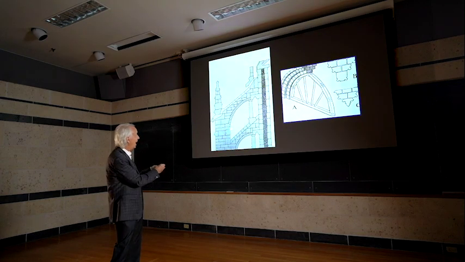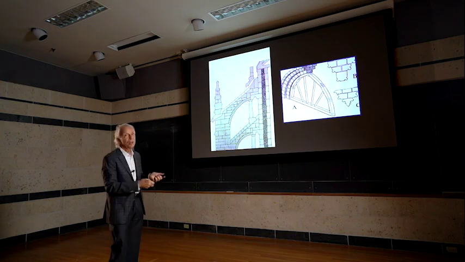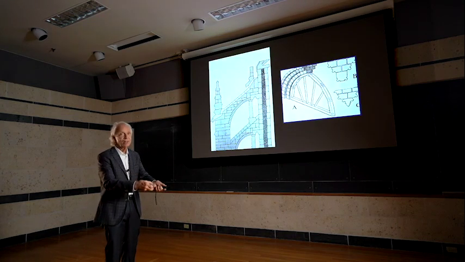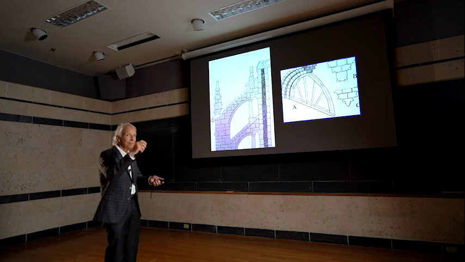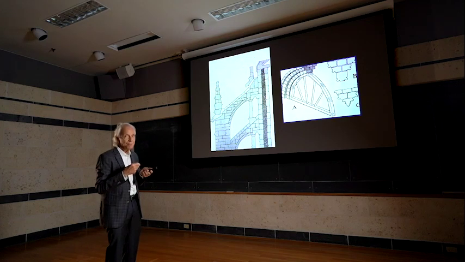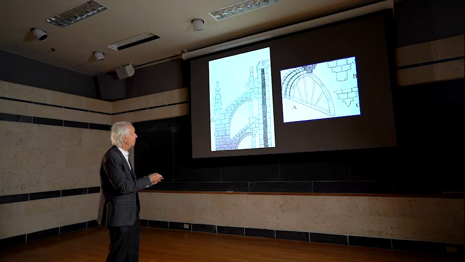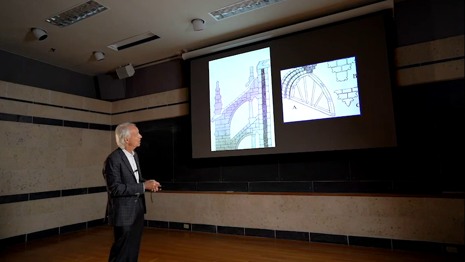And you get that absolutely completed, and then you take that piece of formwork out, move it to the next pier, build it, complete the arch, take the centering out, move it to the next pier, and that goes over and over and over in the construction process.